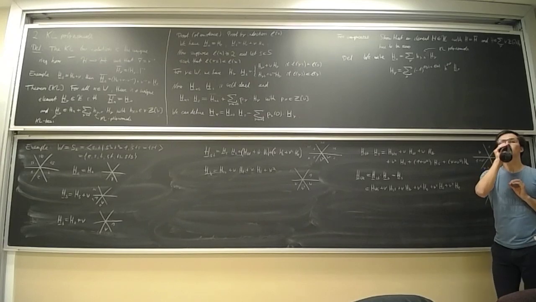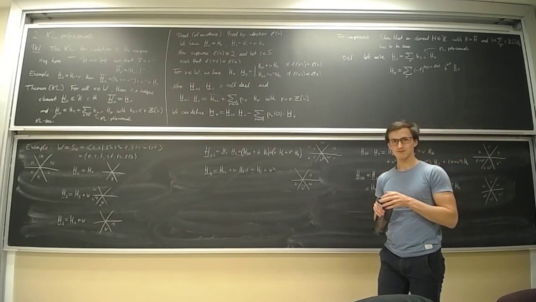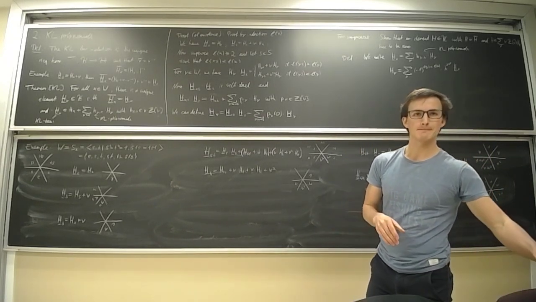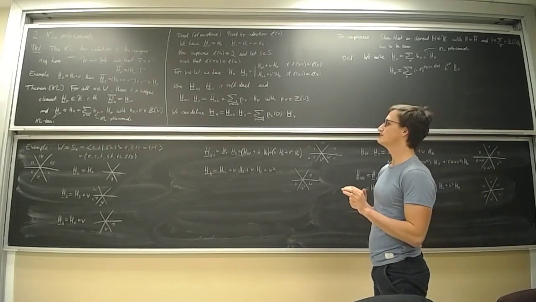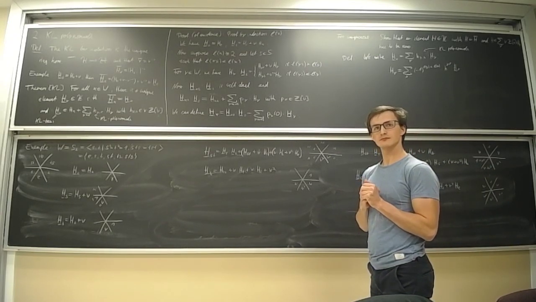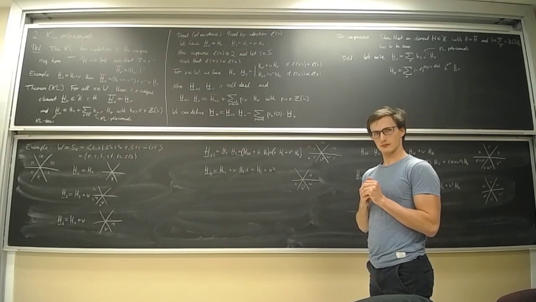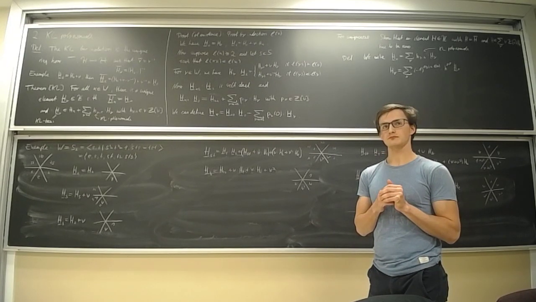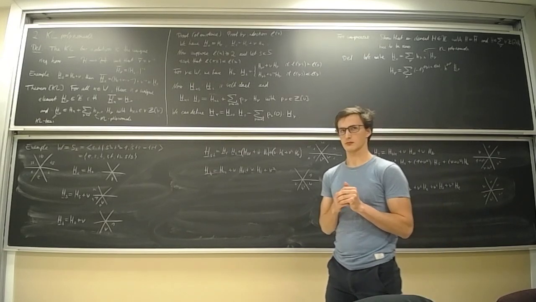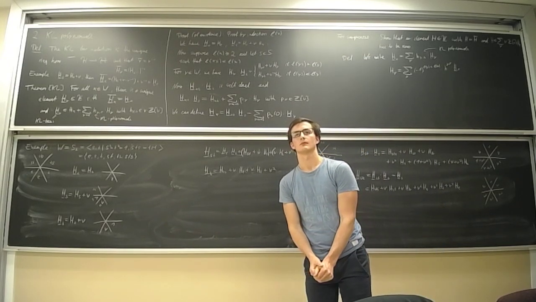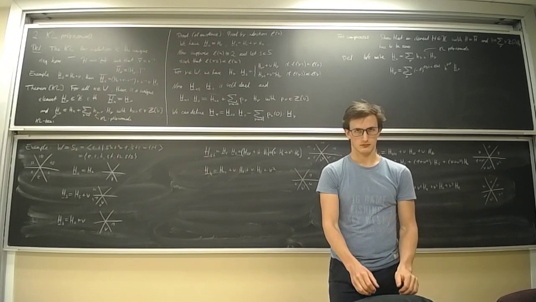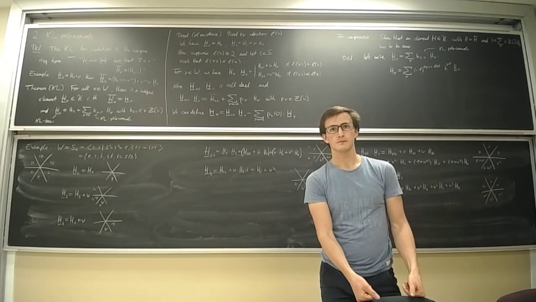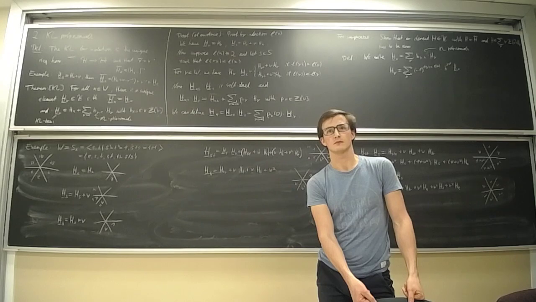Sure. I mean, it is sort of stuff that you alluded to. You identify the Hecke algebra with the Grothendieck ring of the principal block of category O in a way that sends Verma modules to the standard basis and simples to the Kazhdan Lusztig basis.